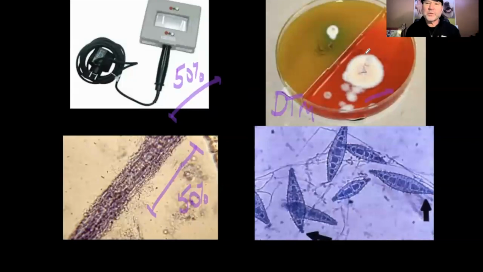And then what we'd want to do is confirm the diagnosis and identify the species by getting a sample of the fluffy white material and putting it on a microscopic slide, looking at it under high power, and we're looking for these macroconidia. The macroconidia are only identifiable from a culture plate.